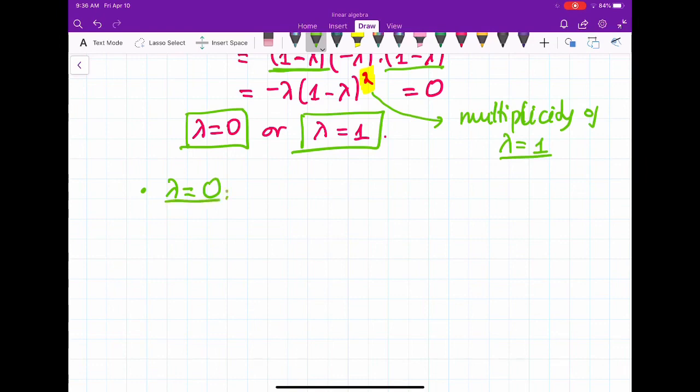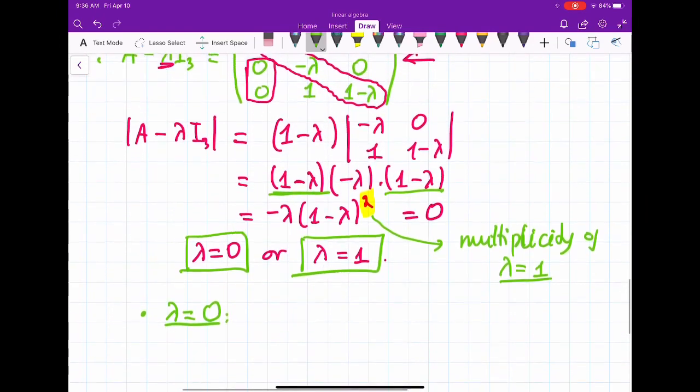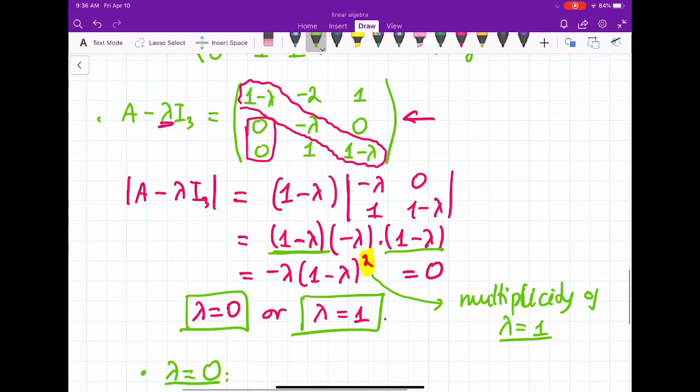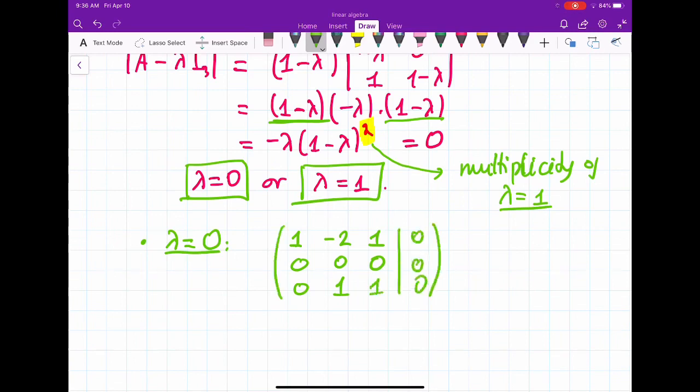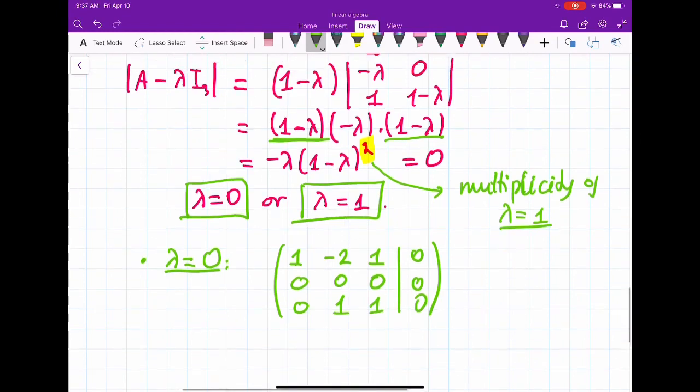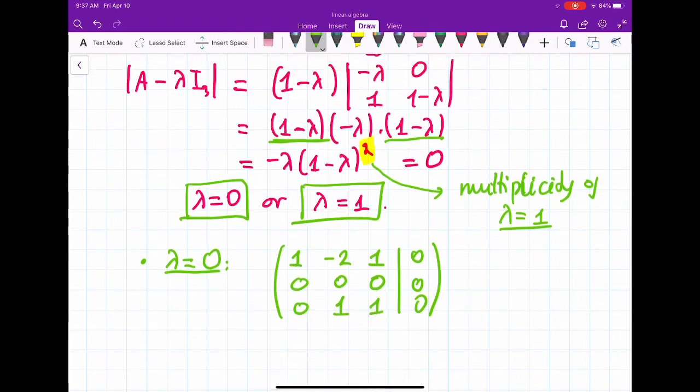For lambda equal to 0, I plug lambda into this matrix directly. So I have the same one, just 1, negative 2, 1, 0, 0, 0, 0, 1, and 1. And I need to solve the homogeneous system, right? To find all eigenvectors corresponding to lambda equal to 0.